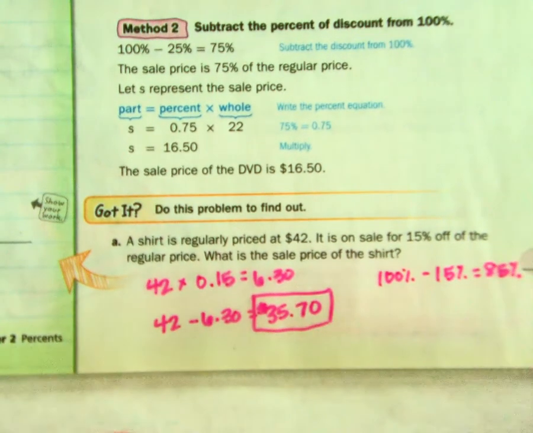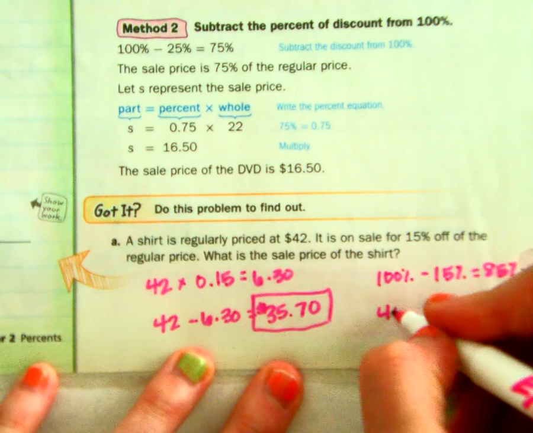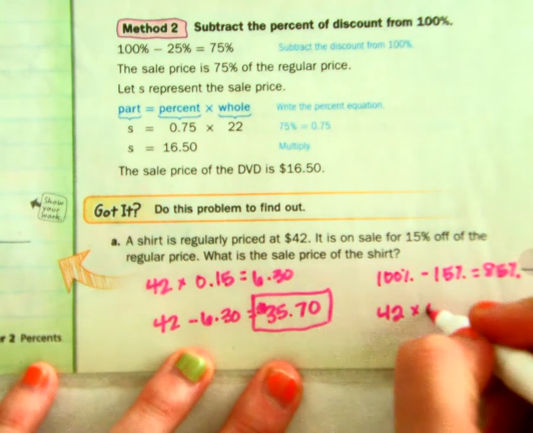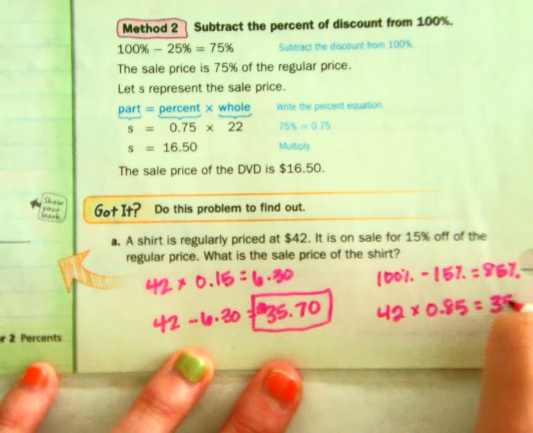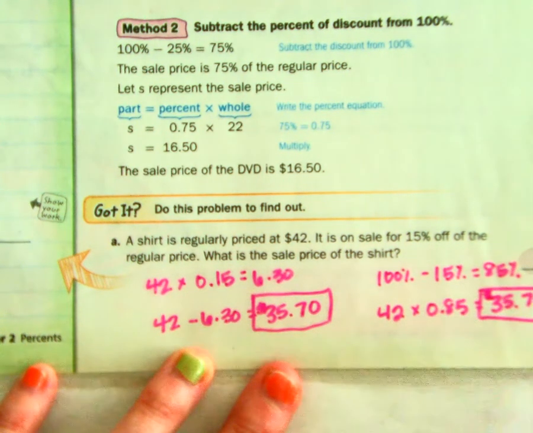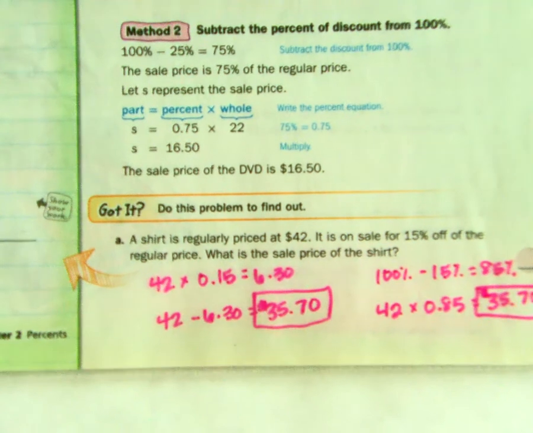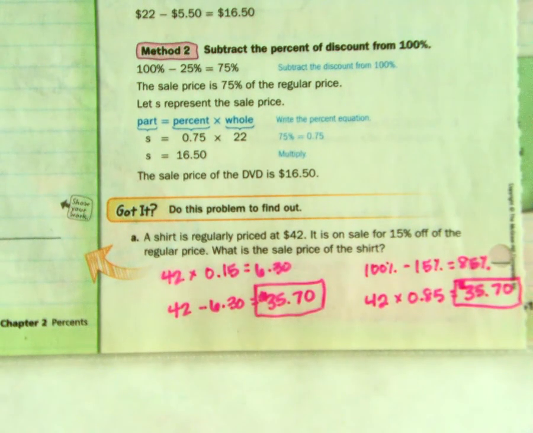So then we could take our $42 times our 85% as a decimal. Remember, percents always have to be decimals. And when we multiply those, we get $35.70. So again, the shirt costs $35.70. No matter which way you do this, you're going to get the same answer. We can figure out how much we're saving, then subtract it from our original, or we could just take it times the percent we're actually paying.